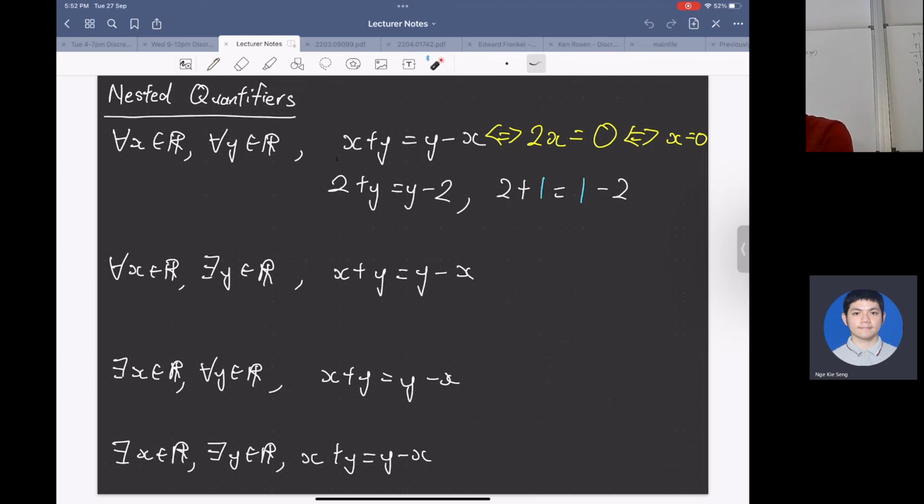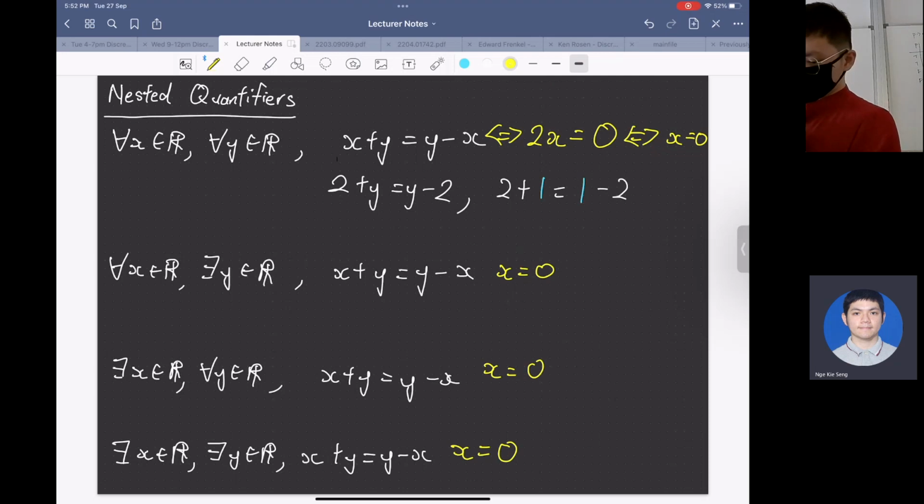So I transform the whole sentence to become just x equals 0. The power of this transform is you can straight away read it. This is clearly wrong because this statement is only true for x equal to 0. It doesn't hold true for any other x. So these two are false.